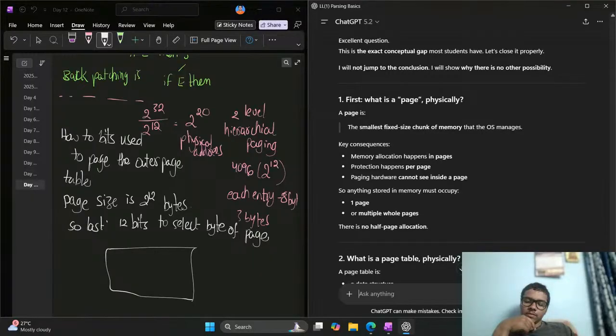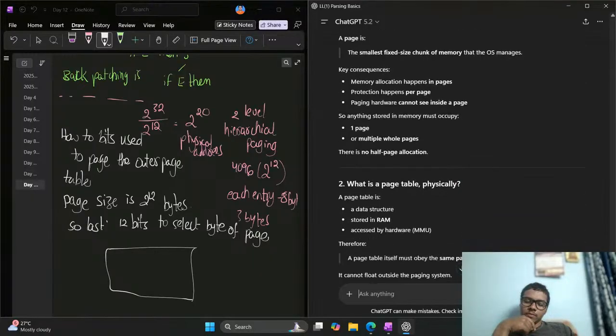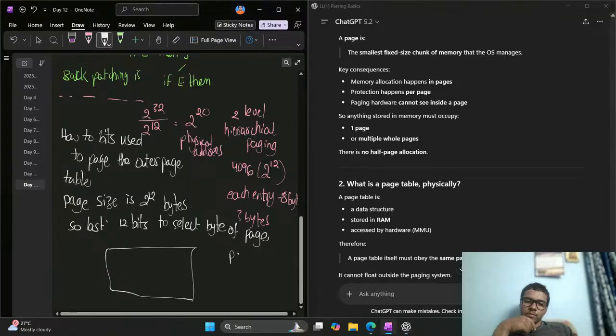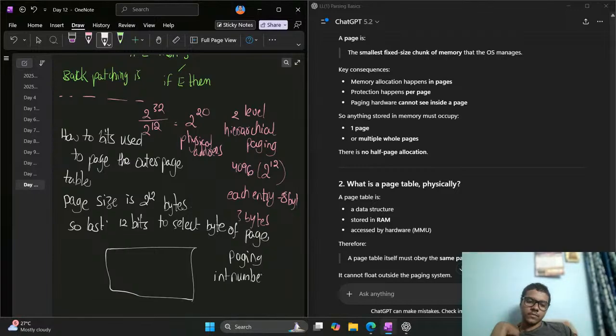So anything stored in paging is in a whole number of pages.